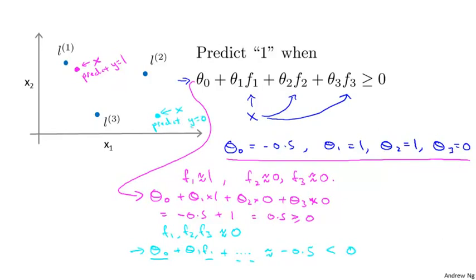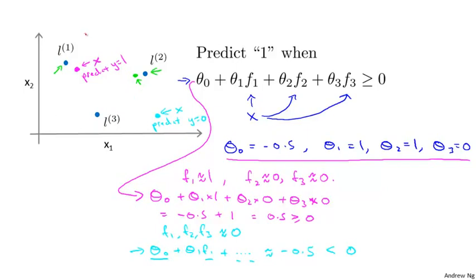And if you do this yourself for a range of different points, you should convince yourself that if you have a training example that's close to L2, say, then at this point, we'll also predict y equals 1. And in fact, if you look around this space, what we'll find is that for points near L1 and L2, we end up predicting positive, and for points far away from these two landmarks, we end up predicting y equals 0.